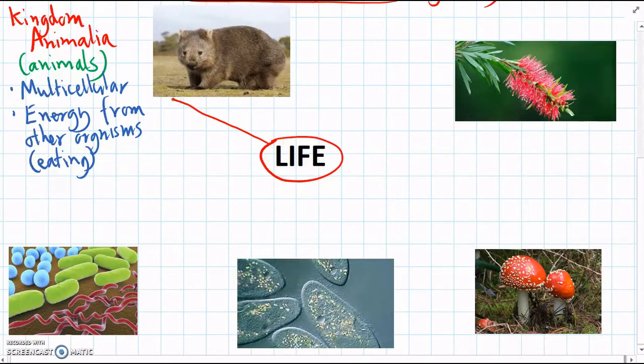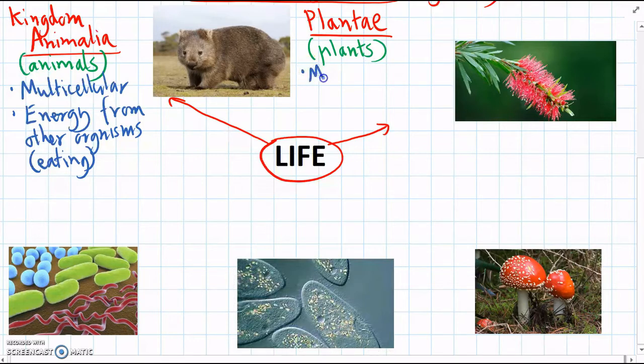The second common kingdom that you probably have heard of is the plants. And this is kingdom Plantae. Every plant on Earth comes from this kingdom.